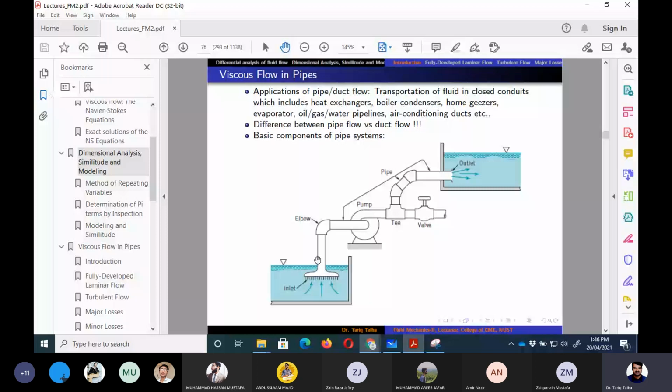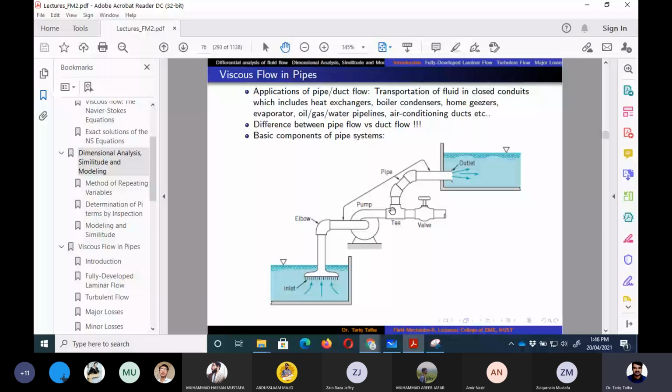But you can see that there is piping involved, and then there are certain components in addition to piping. For example, there is an elbow here, which is used to change the direction of flow, and then there is a T-valve. So it means that here the flow can be divided into two portions.